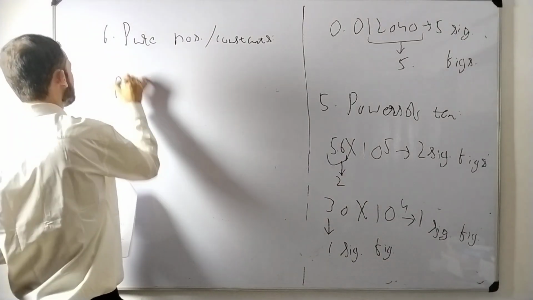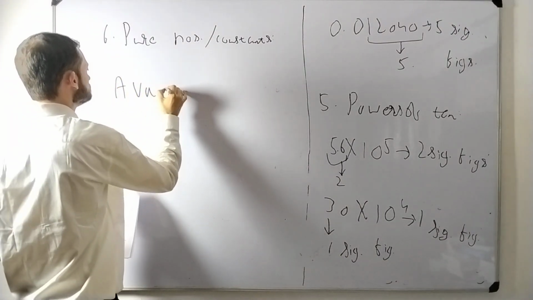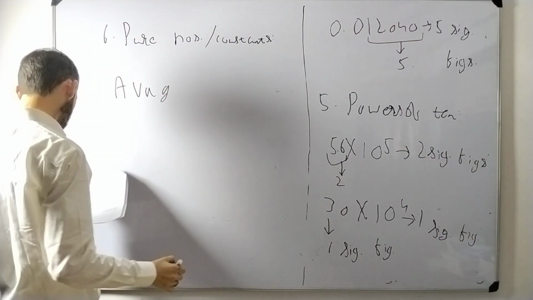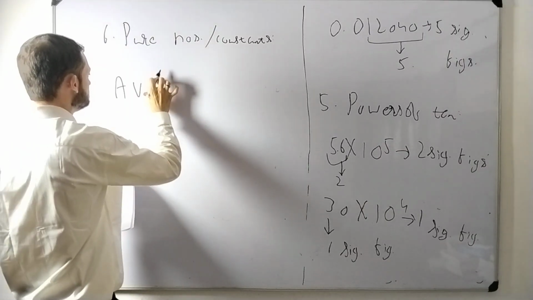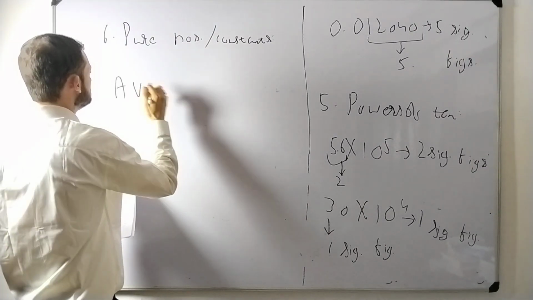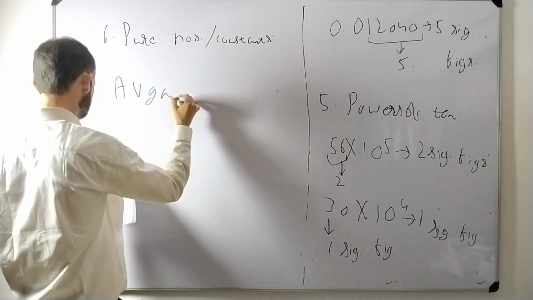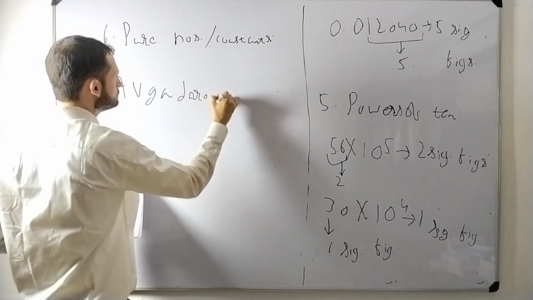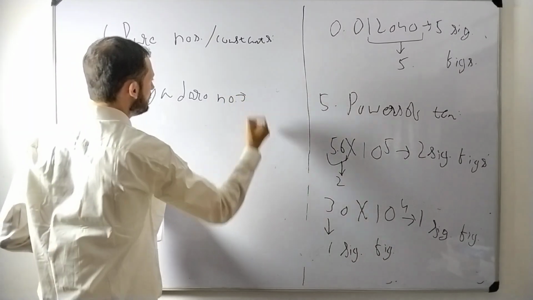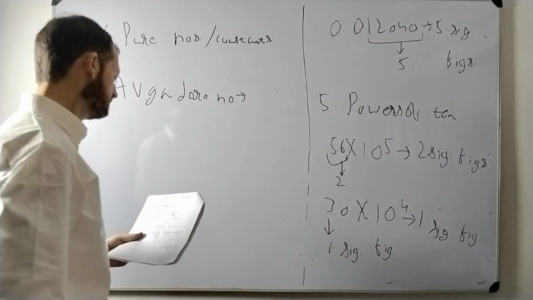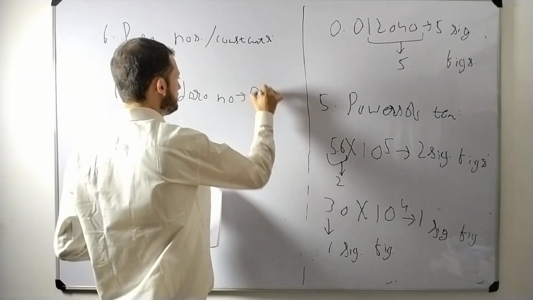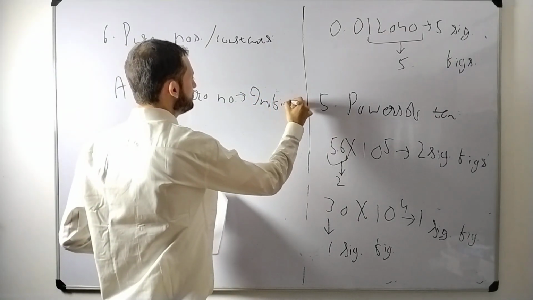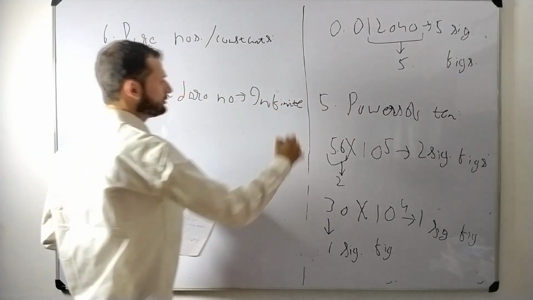Suppose we have the Avogadro number. I'm writing this right. So how many significant figures, students? Infinite. But sir, it has powers of 10.